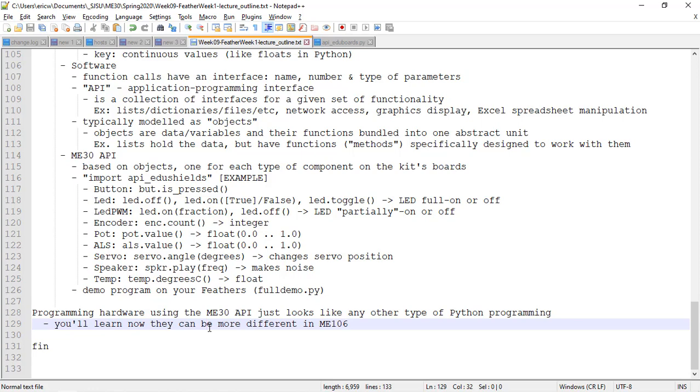All the components on your kit's boards are modeled as software objects that you just call their methods on, their functions on, and you get them to do things. Or you ask questions of them as to what their current state is, like the light sensor or the buttons. And you'll learn a lot more about the lower levels, both electrically and at the software level, how to talk to different types of sensors and stuff.